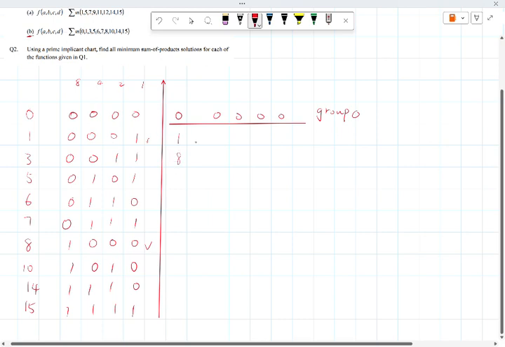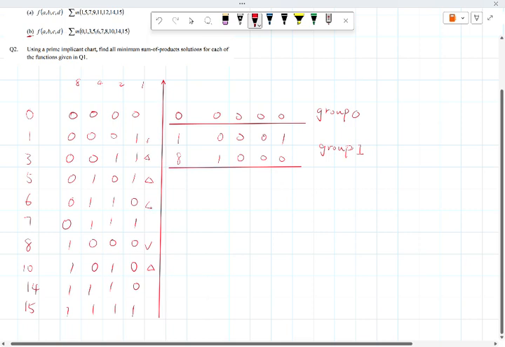Okay, so we got 0, 0, 0, 1. 8 is 1, 0, 0, 0. Okay, and this is the group 1, and we have 2. Then the next group has two 1s. There, 2, 1, 2.